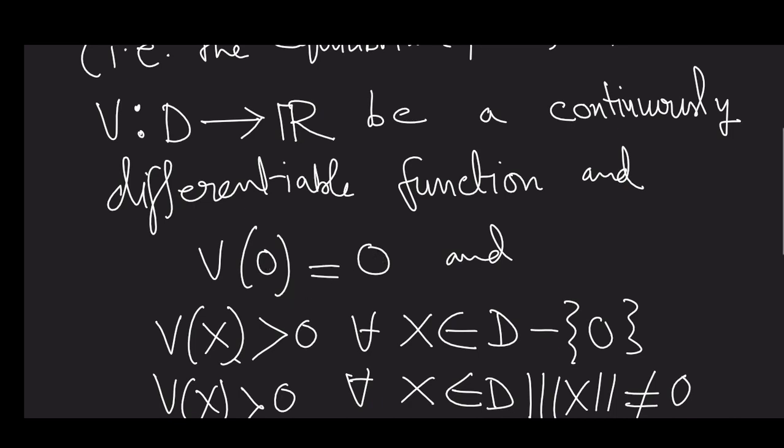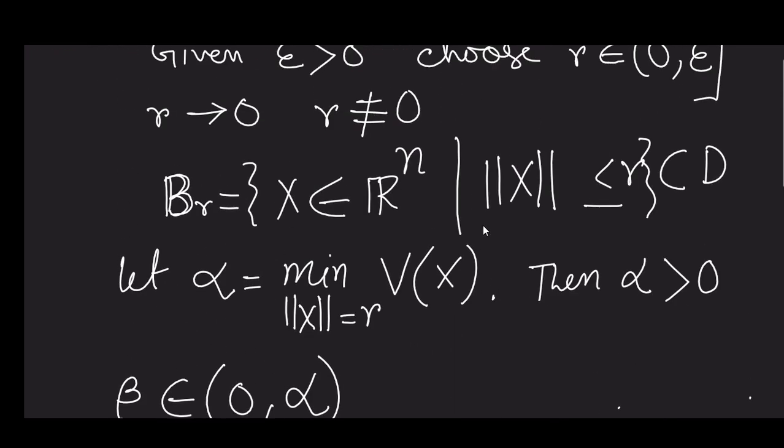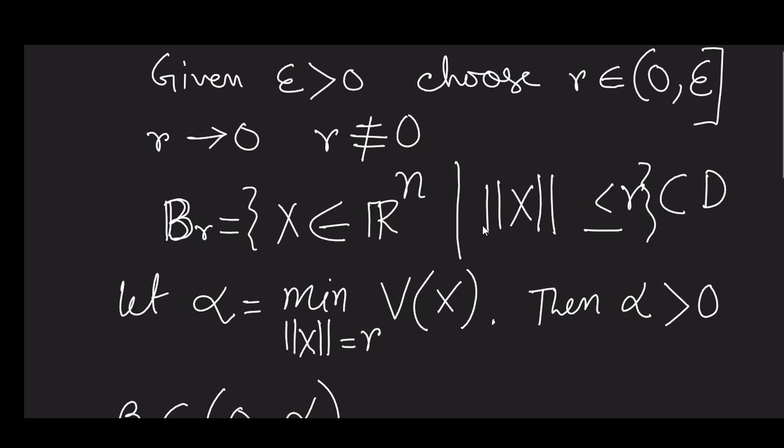Unless you allow x to lie exactly on your origin or overlap with it, you cannot have your Vx equal to 0. So you cannot have your alpha, the minimum value of Vx, equal to 0. So alpha is bound to be greater than 0.